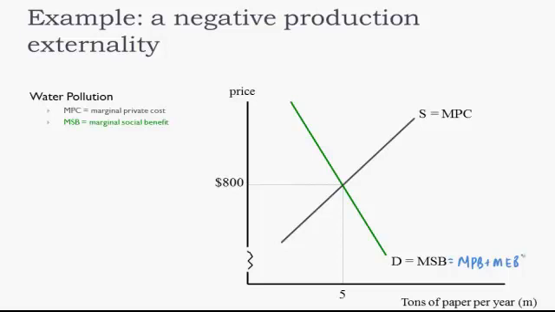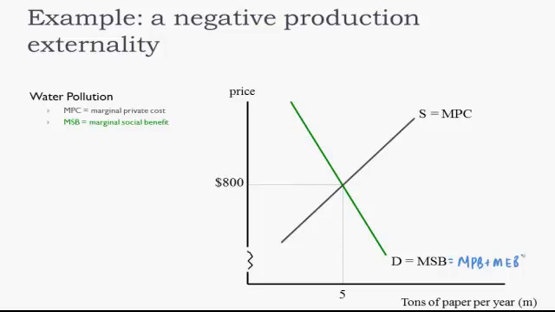And so this might be the graph for a paper mill or the paper market, if you will, out in the Midwest 20, 30, 40 years ago. Maybe this is yearly information, and we can see that where the marginal private cost intersects the marginal social benefit indicates the competitive market equilibrium for the market for paper.